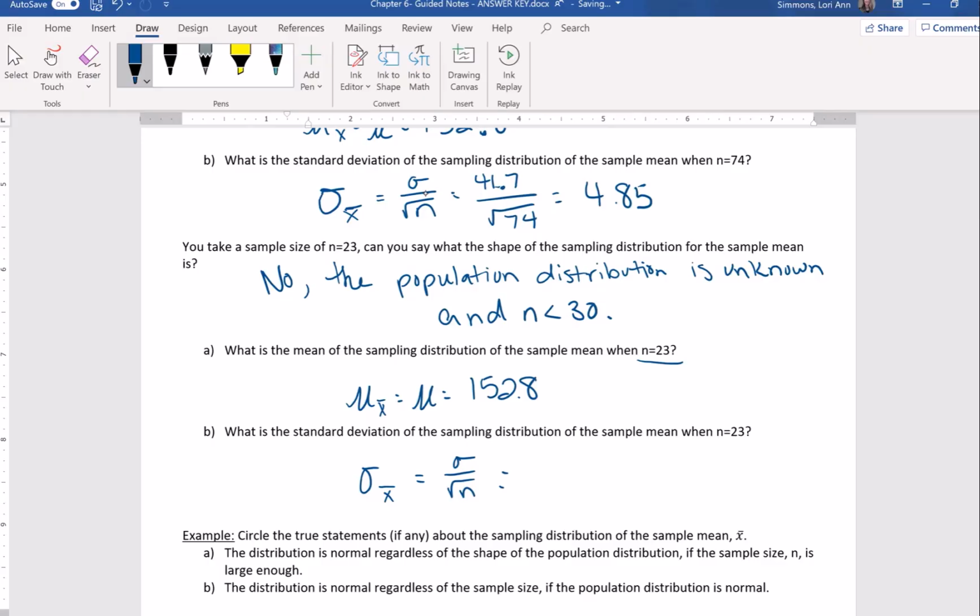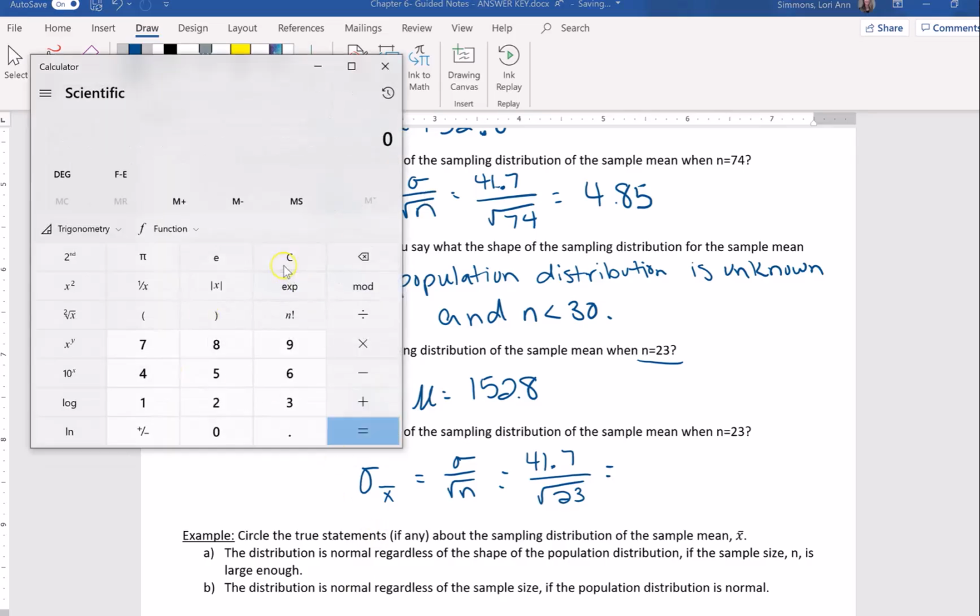So sigma is still 41.7, but your n changed now to 23. So square root of 23. So 41.7 divided by the square root of 23, and hit equals. So 8.70.